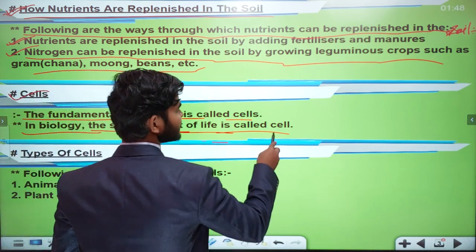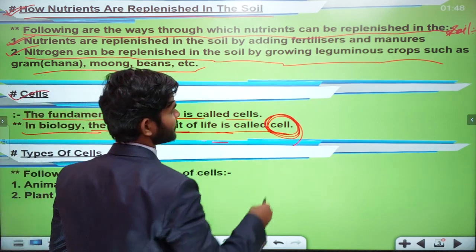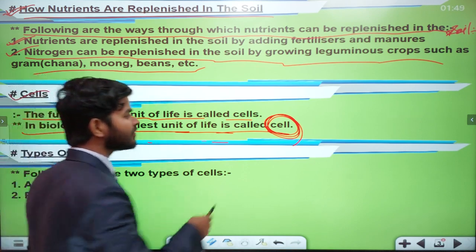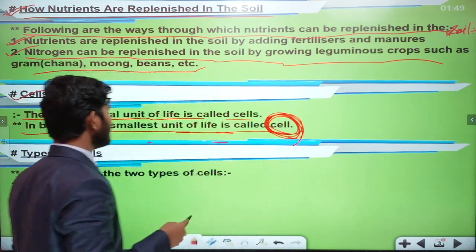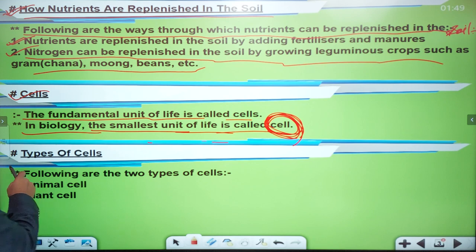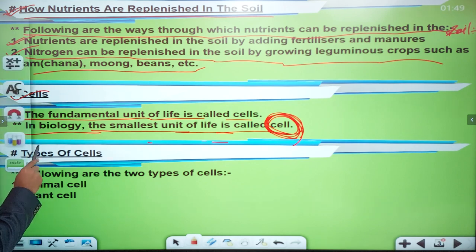Cells. In answer, you can say the cell. Our life fully depends upon this particular cell.